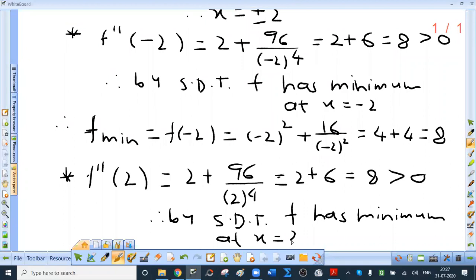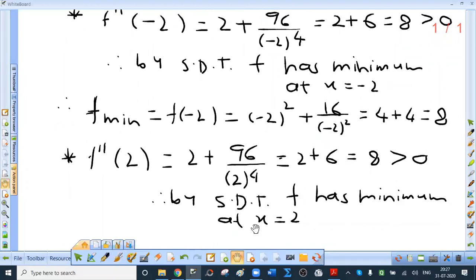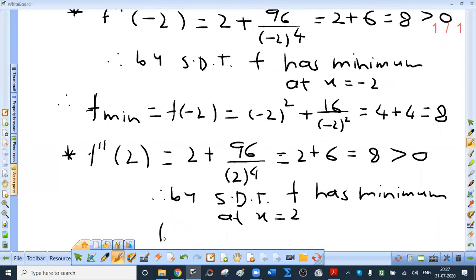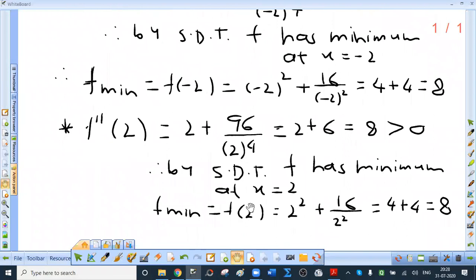At x equal to 2. And what will be f min? F min is nothing but f of 2, which is 2 square plus 16 upon 2 square, that is 4 plus 4, which is nothing but 8. Okay, so this is the final answer right now.